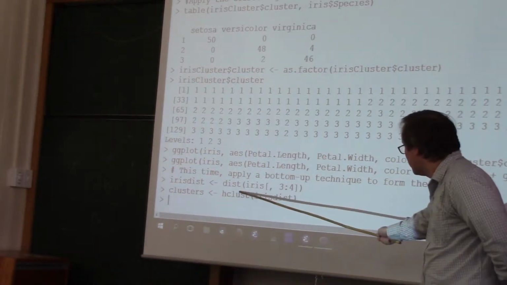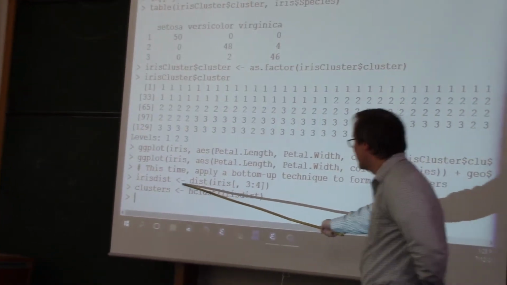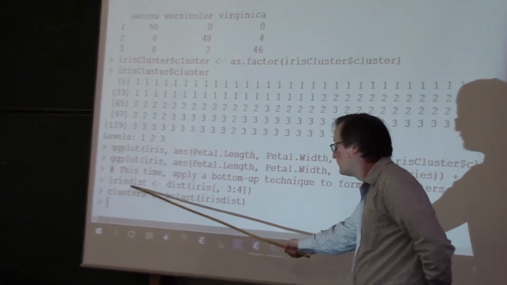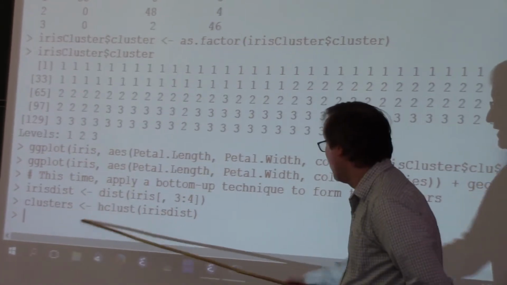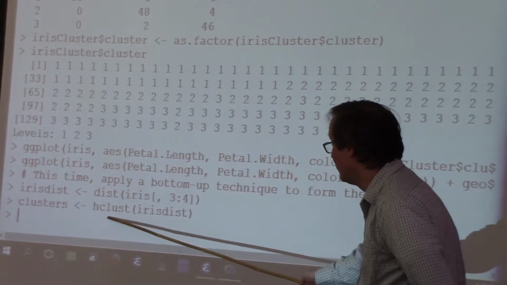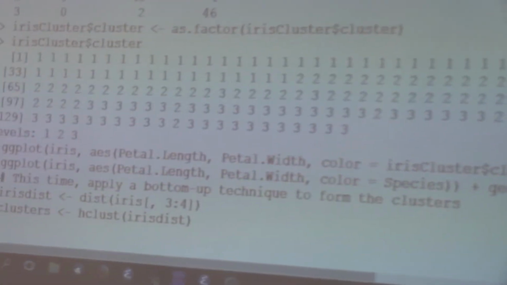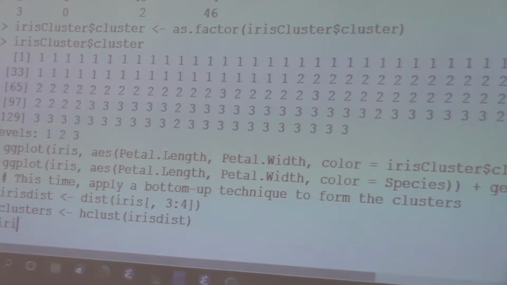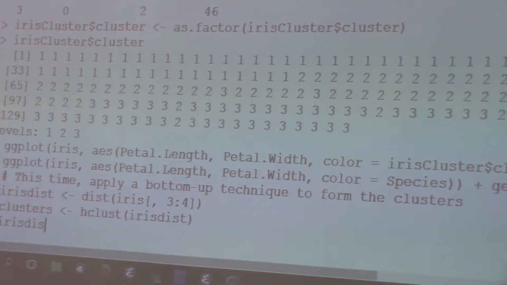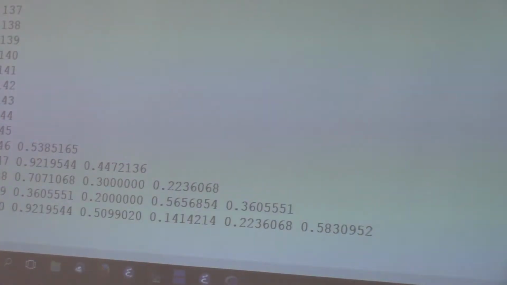So this function, then, is producing an object that is the return from the distance function, and that gets passed to the hierarchical clustering function. So let's take a quick moment to look at the data structures that came back from that. First off, iris dist is a really, really big table, but it has this kind of unique property that it's a big triangle.